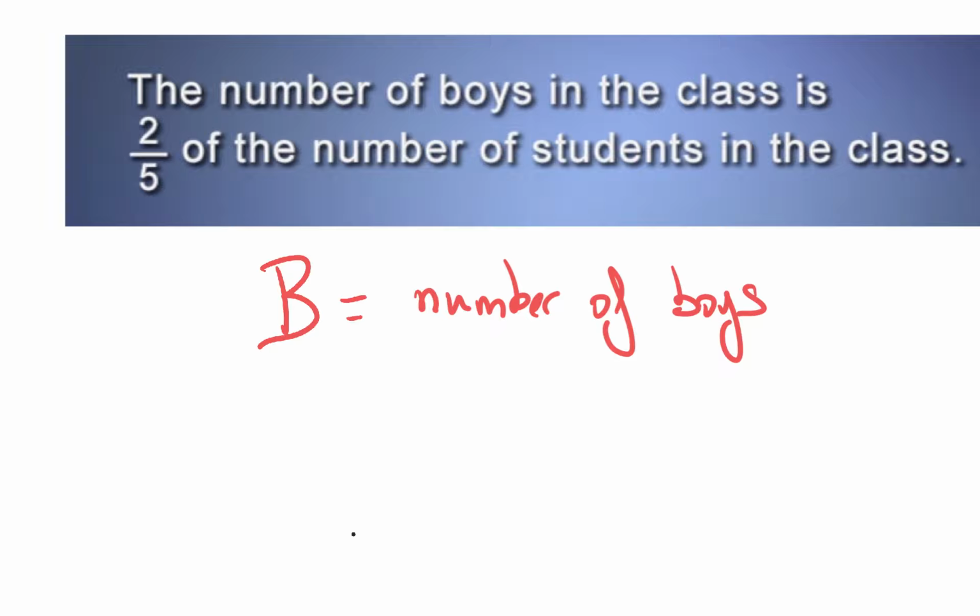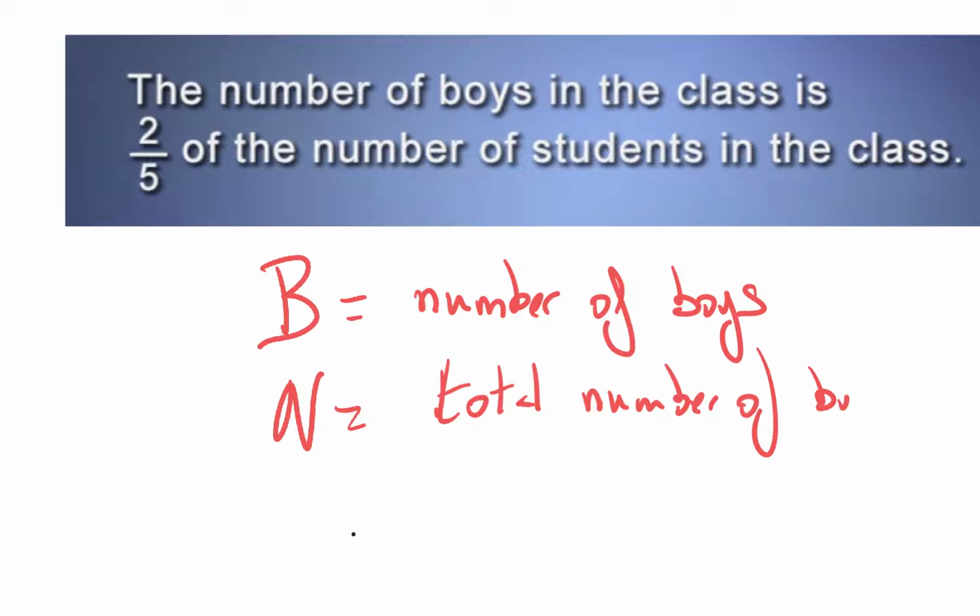The number of students are boys and girls. So how will I call this variable? B for boys, G for girls, and N for the total number of boys and girls.